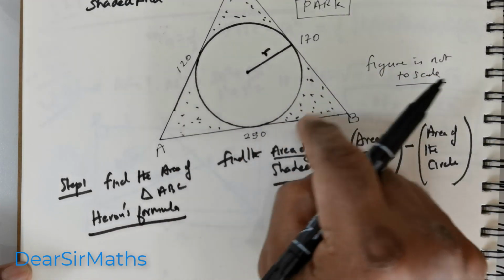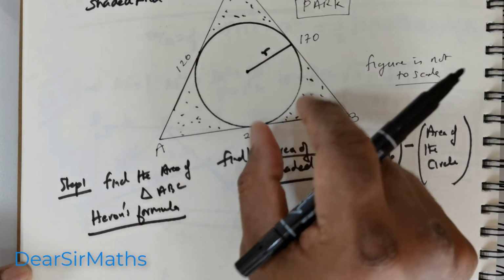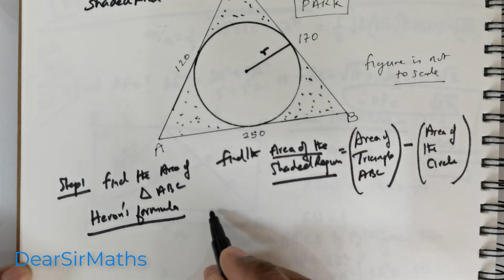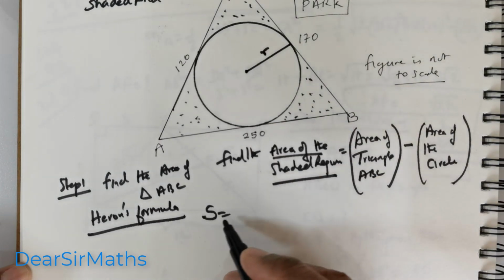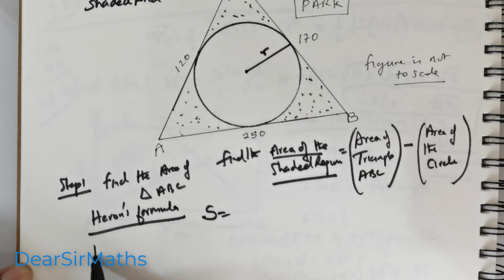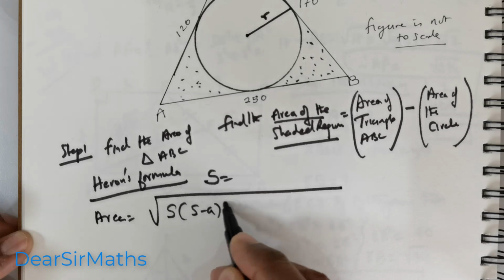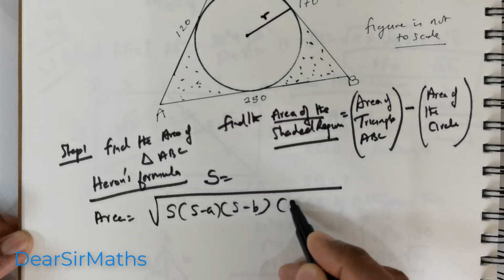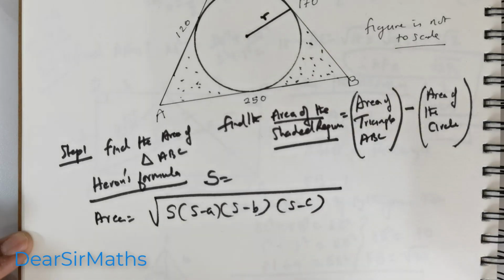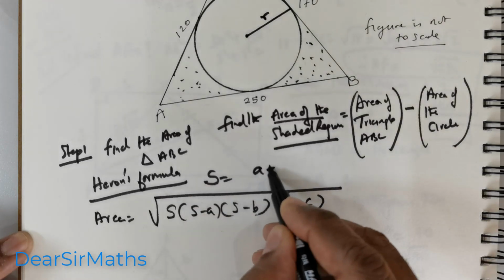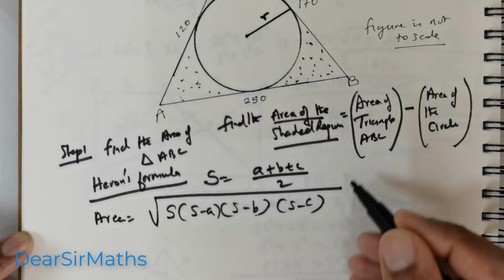Because all I've got is the measurement of the sides. First, let me calculate the value for S. I hope you know Heron's formula. Area is equal to square root of S into S minus A, S minus B times S minus C. This is the formula, and S is given to be A plus B plus C divided by 2.